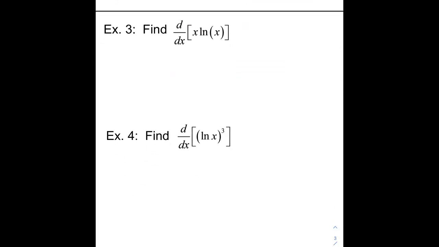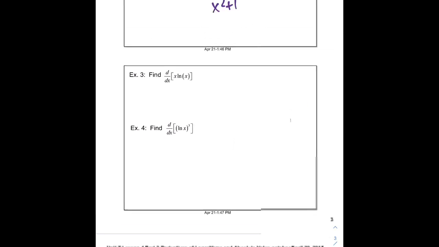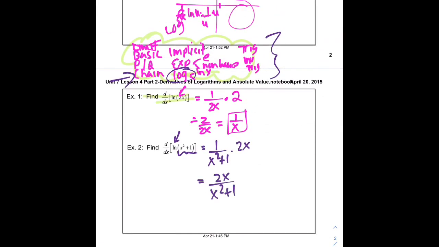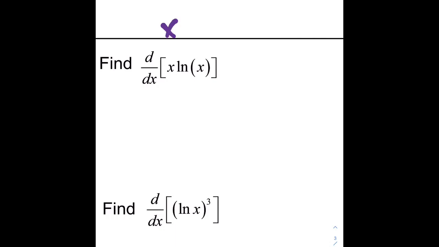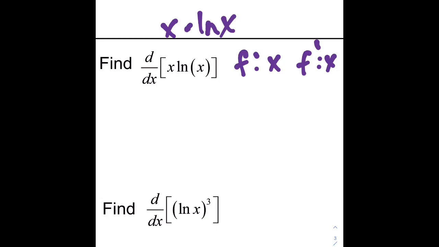Example 3, why did I give you this? Because when you look at this again, you have to remember this big pot. This is everything you know. What kicks in? Well, in this problem, you have x times the natural log of x. Therefore, product rule is going to kick in. So my f function is x, which yields an f prime of 1.